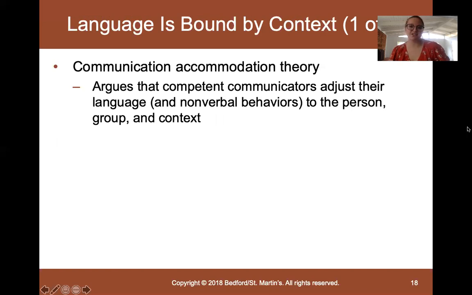Communication accommodation theory. So communication accommodation theory argues that competent communicators adjust their language and nonverbal behaviors, which we'll talk about more next chapter, to a person, group, or context. So we accommodate, right? Appropriately. We don't try to over-accommodate, because that can be seen as offensive. I think I gave the example in a previous class of yelling at an elderly person because we assume that they can't hear us.